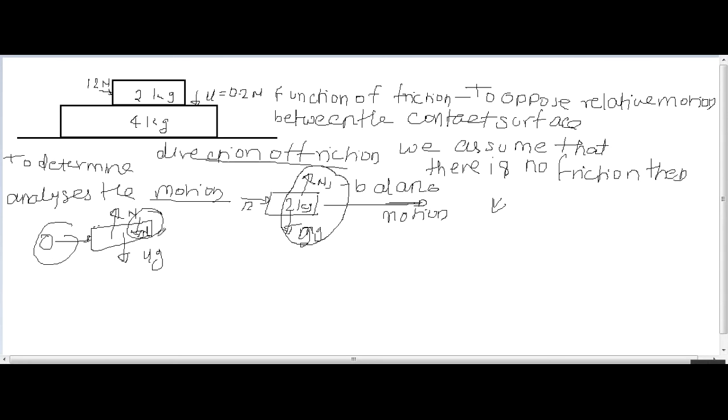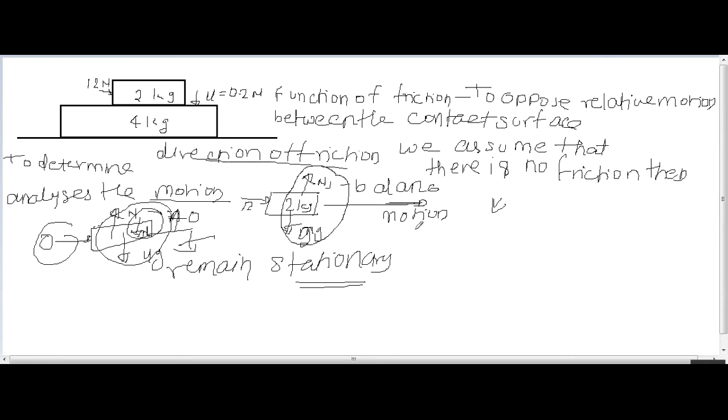There is no force in this horizontal direction, and this block is not going to leave the surface, so its velocity in this direction should be 0. So this remains stationary.